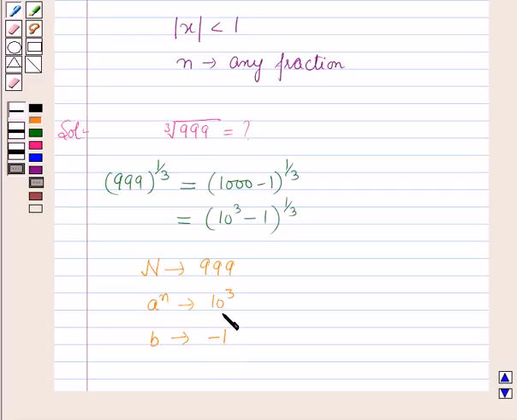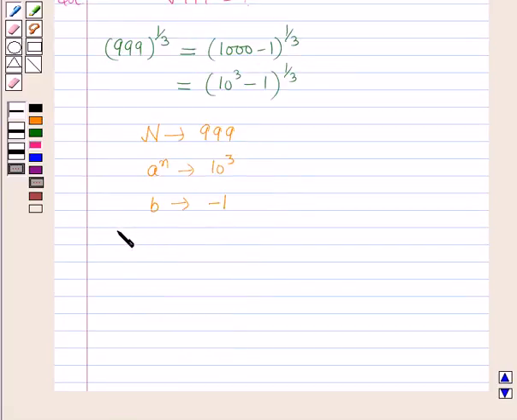Here you can see that the value of a^n is nearest to capital N, that means 1000 is nearest to 999, and also b is very small in comparison to a^n, that means minus 1 is very small in comparison to 1000. Thus, we have written 999^(1/3) as (10^3 - 1)^(1/3).